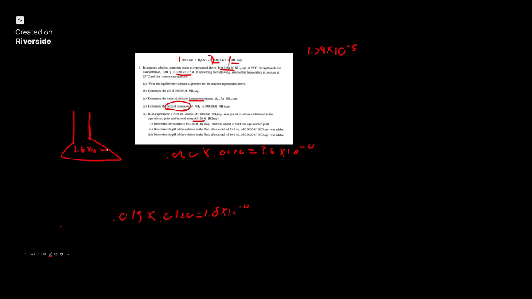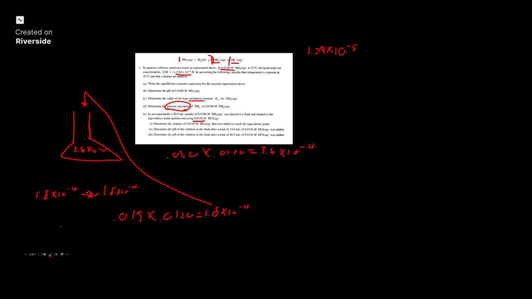We're putting this many moles into this flask. It's going to neutralize 1.8 times 10 to the negative fourth of this. Therefore, we're only going to have 1.8 times 10 to the negative fourth left of NH3, and that will create another 1.8 times 10 to the negative fourth H ion and your base, okay?